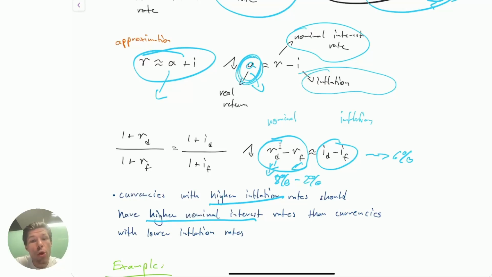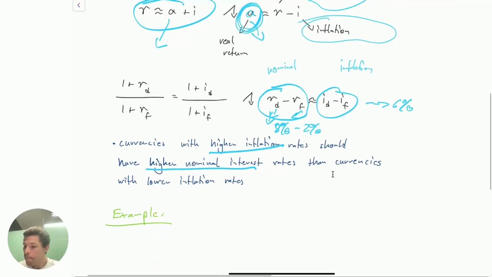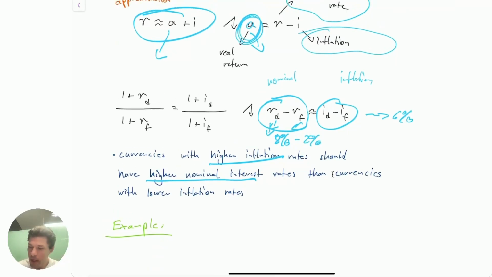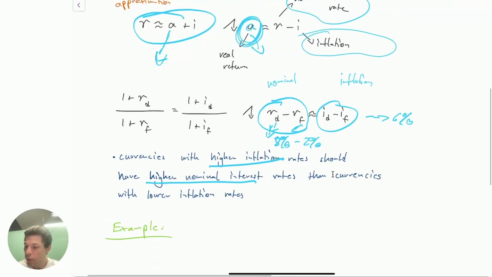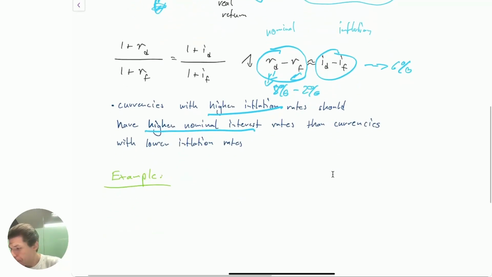Conversely, economies with low inflation expectations, Japan, Switzerland, tend to have low nominal interest rates. So here think about A being consistent across countries and also in the long run. That means if there's a change in inflation, it needs to be offset by the nominal interest rates and vice versa.